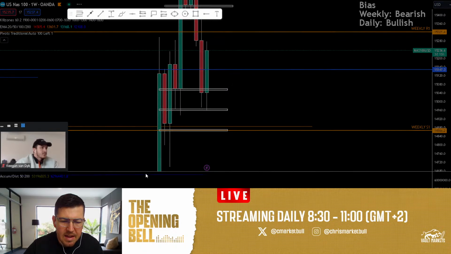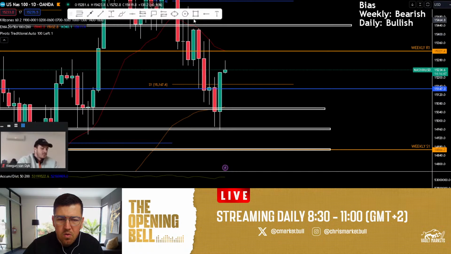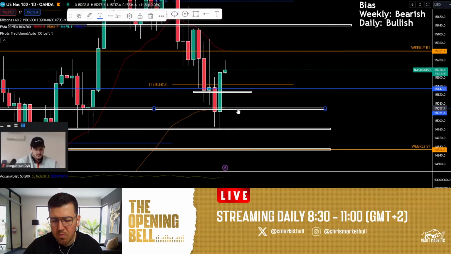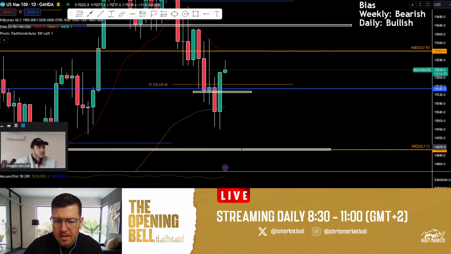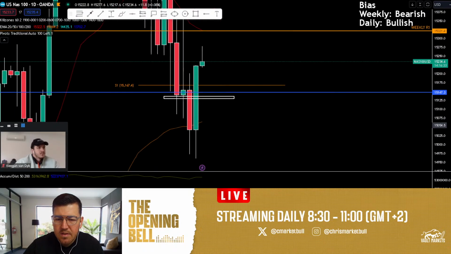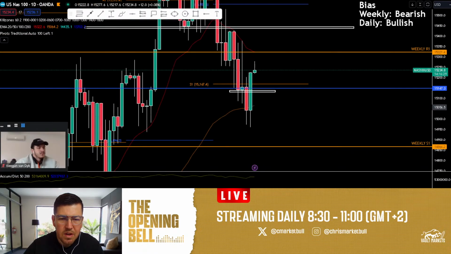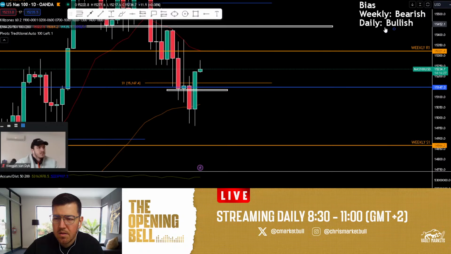However, going on a daily, yesterday closing quite strong bullish. Also, if you can check this out right here, this was a previous area of support, and yesterday breaking back above that, also taking out Friday's high and closing bullish. So potentially what I'll be looking for today are buys. So daily bias is bullish.